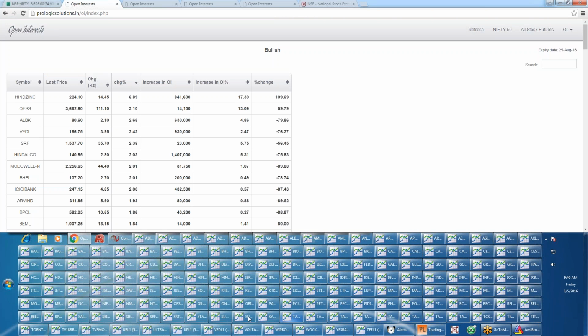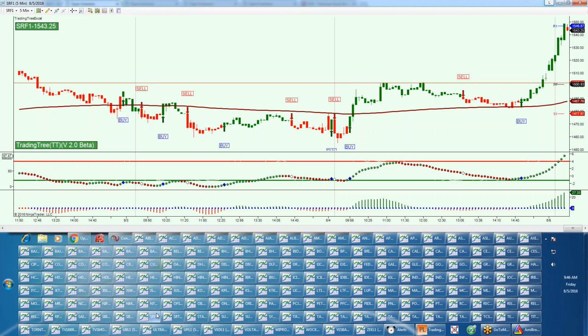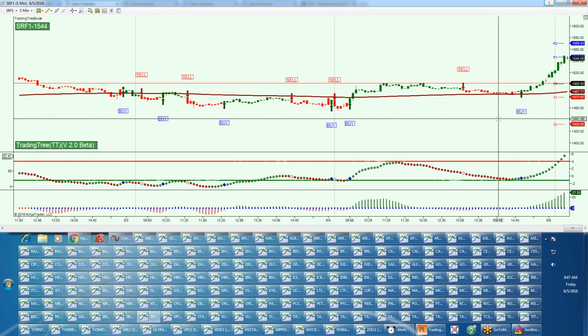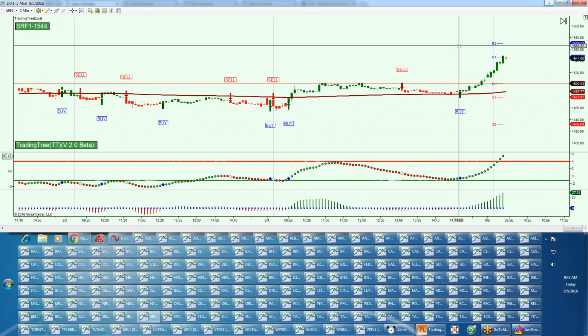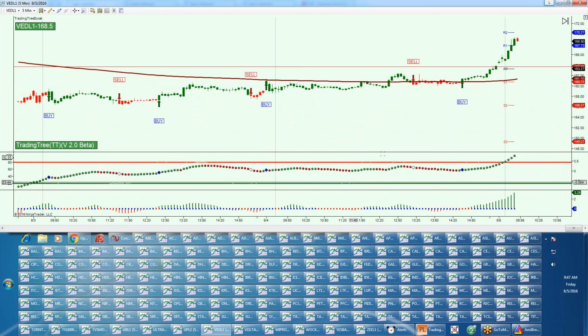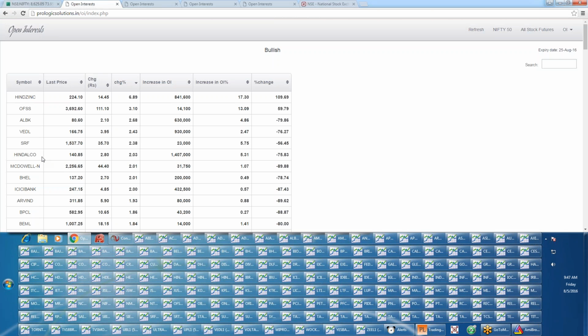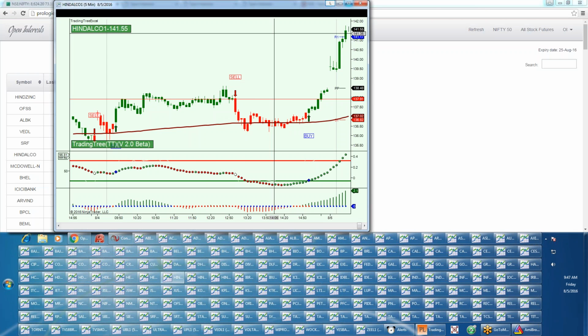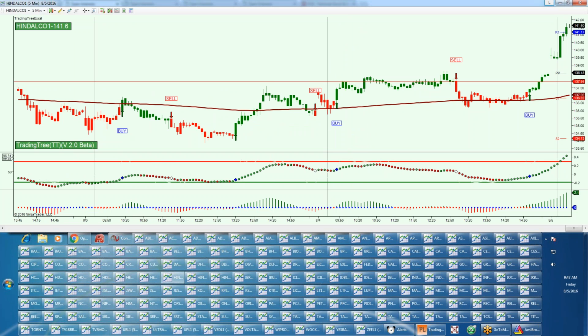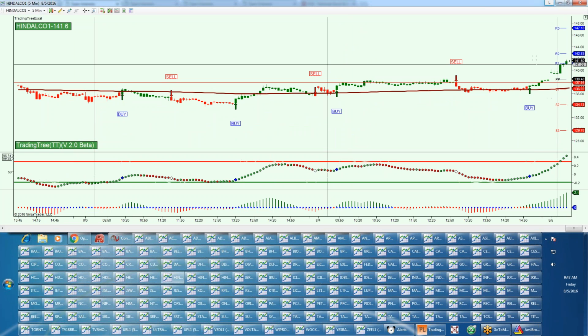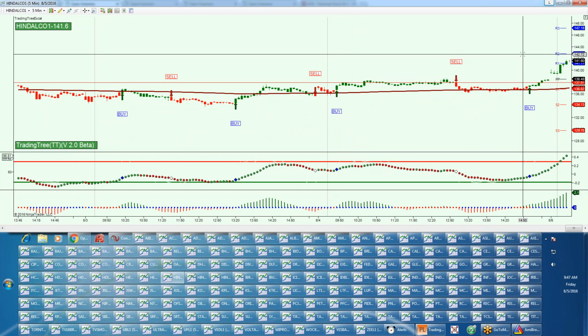So Vedanta, SRF. So SRF has done its first target. So the next target will be 1569. We have Hindalco. So 142.80 is your next target for Hindalco.